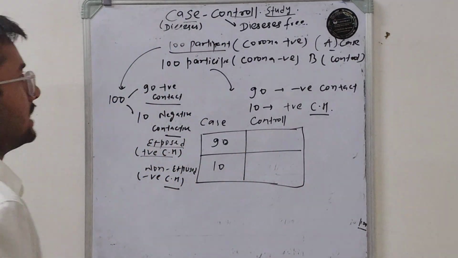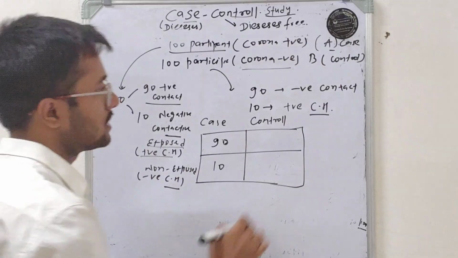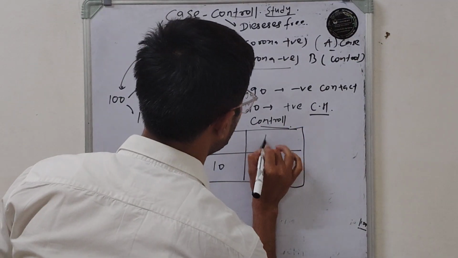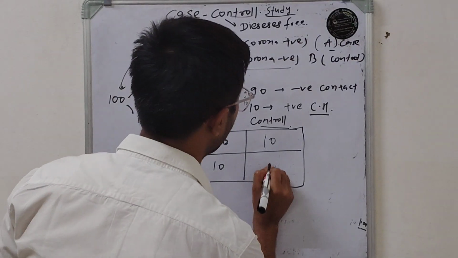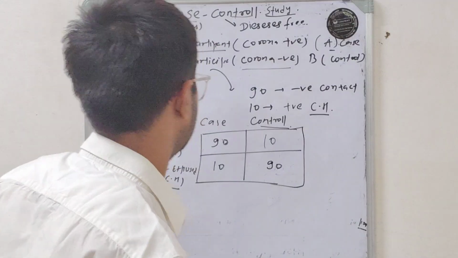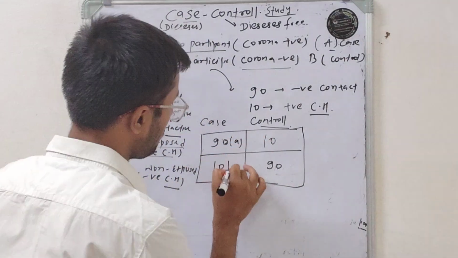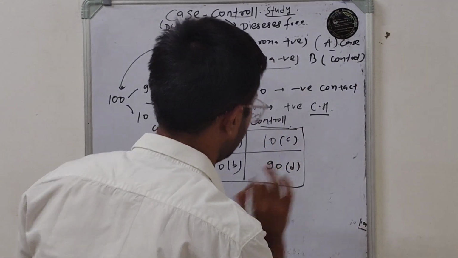While in the other group, the 100 corona negative participants we call control, 10 people say yes, they have a history of contacts, and 90 say they have no history of contacts. So we write this as A, this is B, this is C, and this is D.